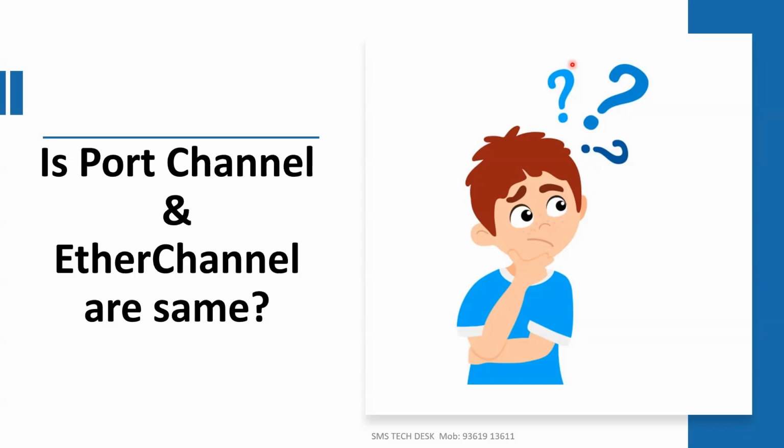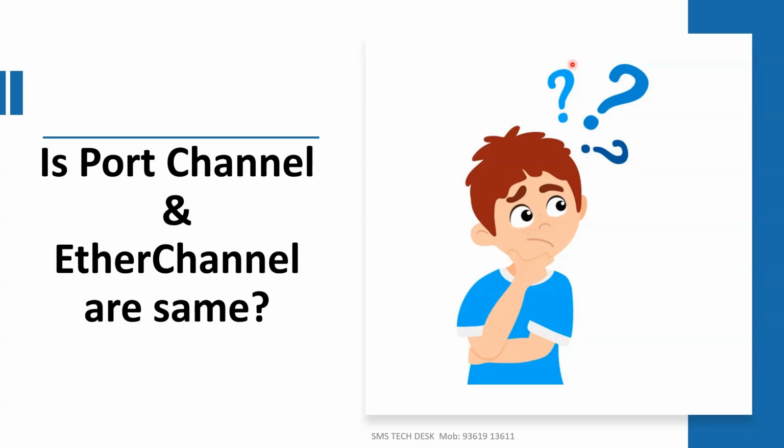So port channel and ether channel are both the same. Ether channel is a concept used in Cisco devices, and for the other third-party devices, the name given for combining two ports to work as a single logical port is port channel. But the concept remains the same.